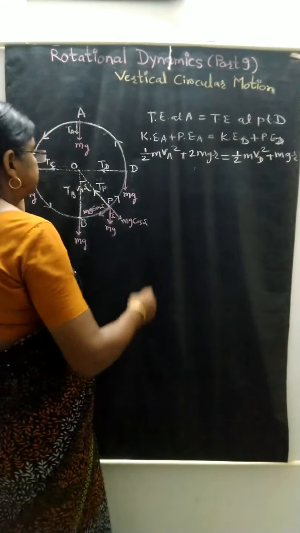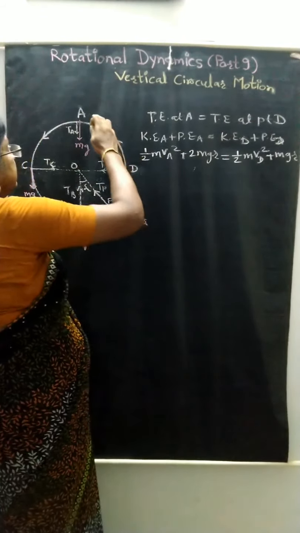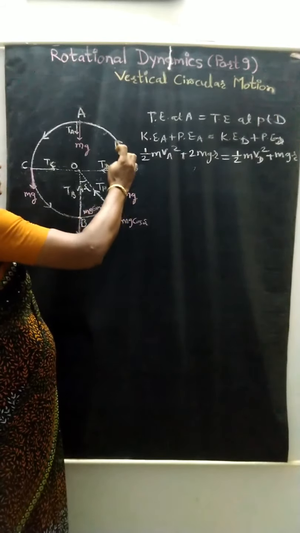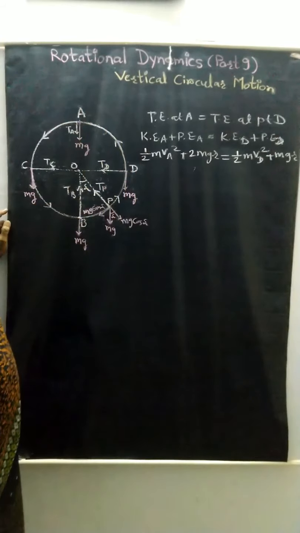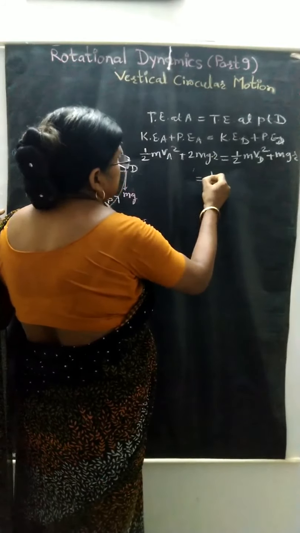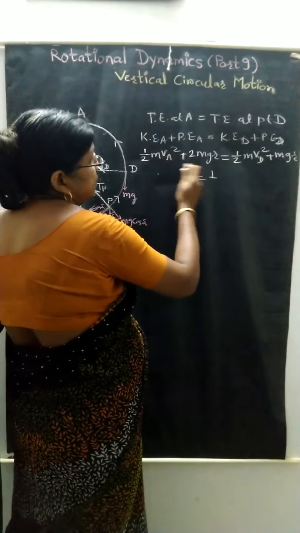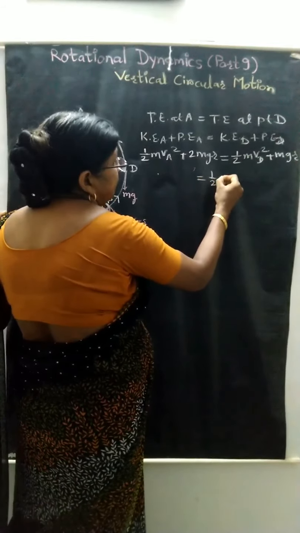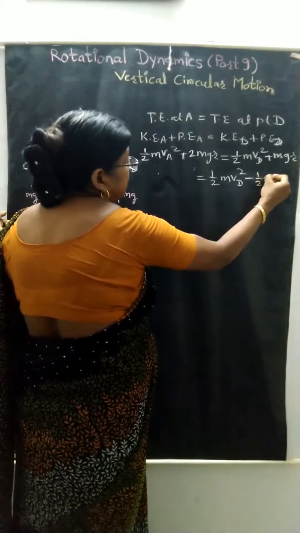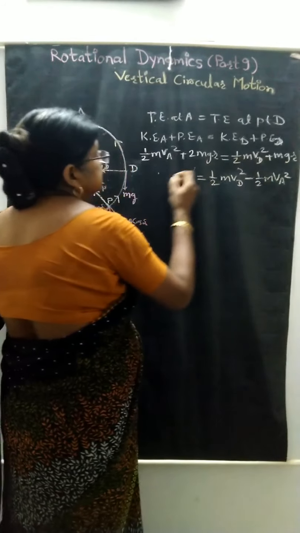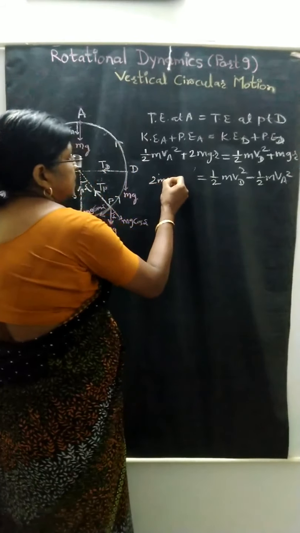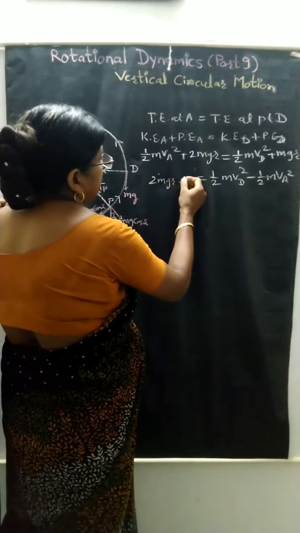Now here Vd is greater than Va because as we move upwards the kinetic energy goes on decreasing. Therefore I will transfer this Va square to the other side. So half m Vd square minus half m Va square is equal to 2mgr minus mgr.